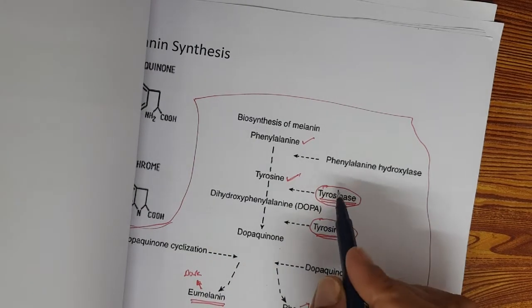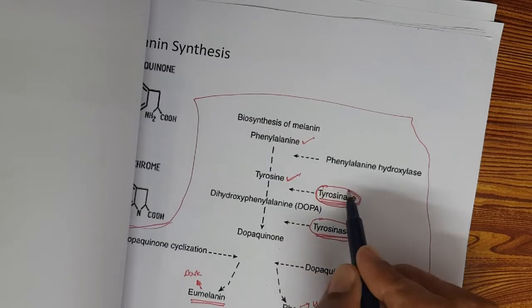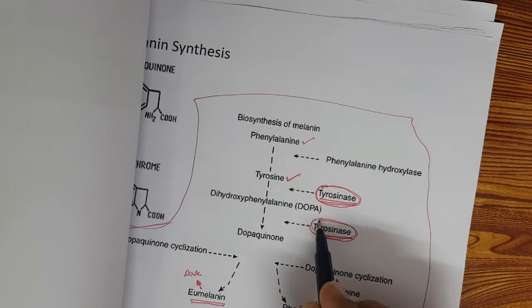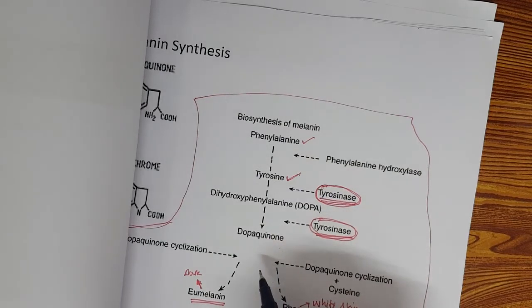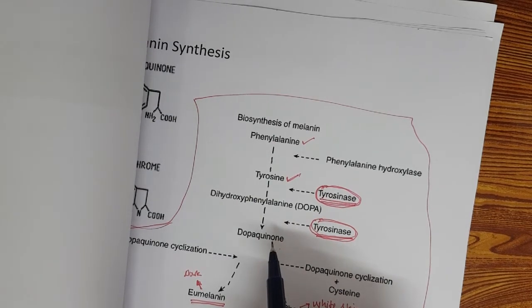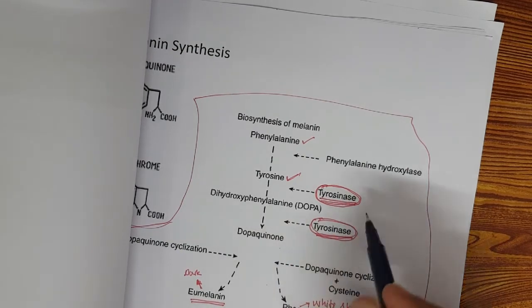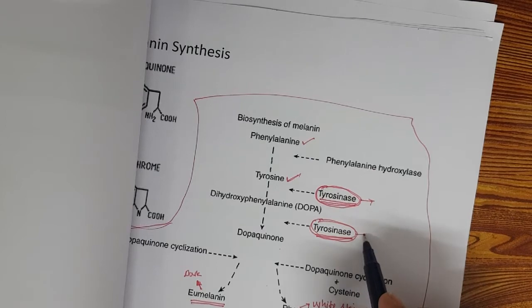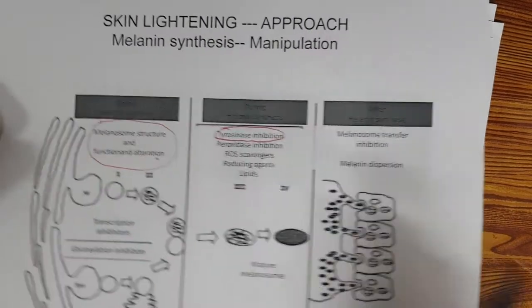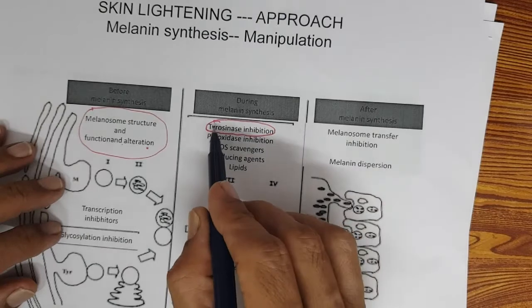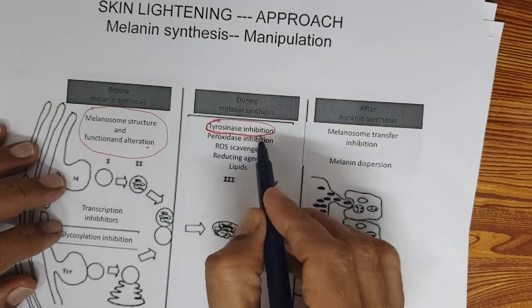So, if you suppress this enzyme, the melanin is not produced, and for any spots which are very dark, you can use this to reduce the darkness of that particular spot, right? So tyrosinase inhibition is widely used.